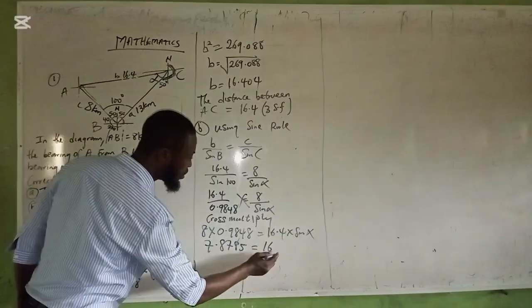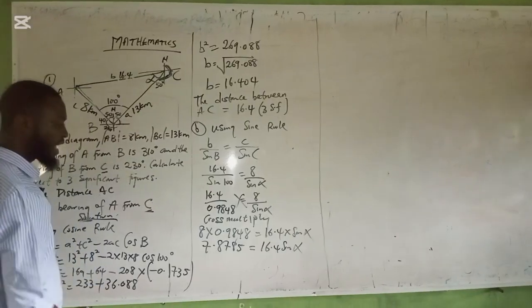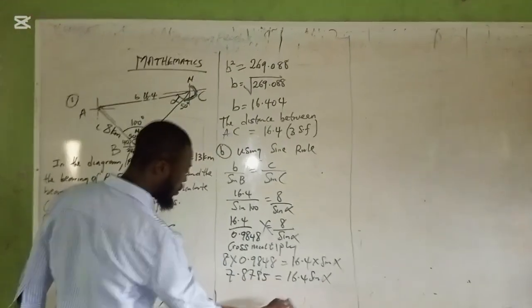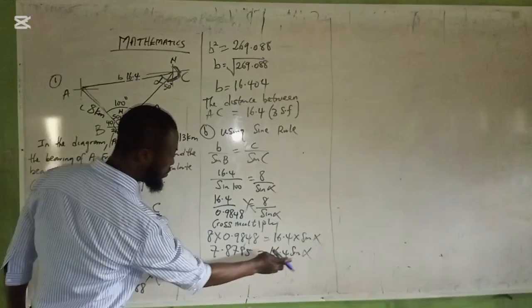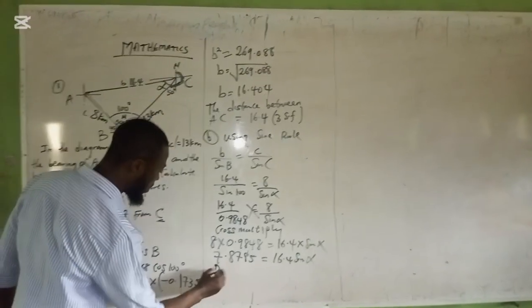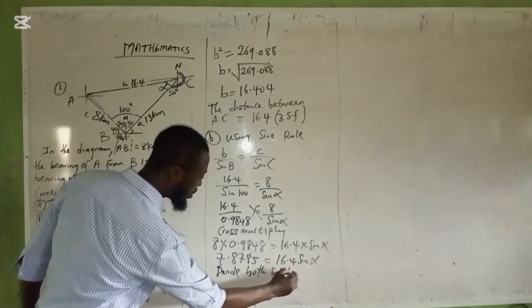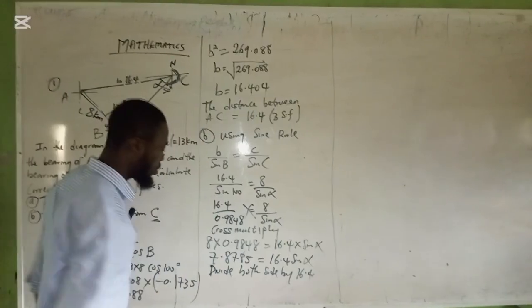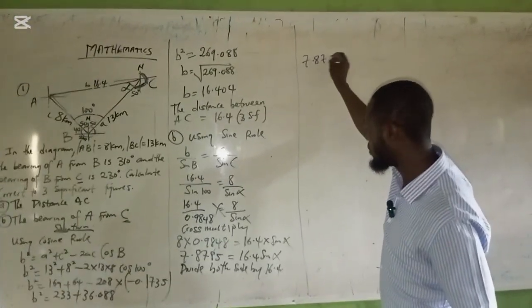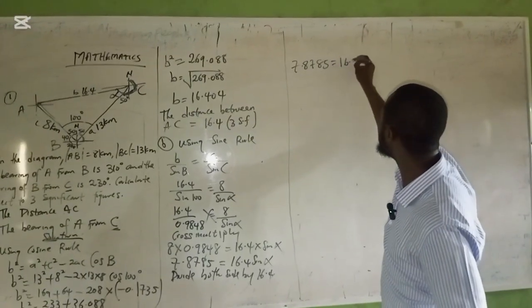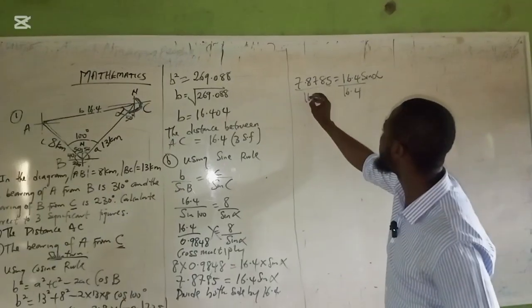16.4 sine alpha. For me to get alpha, I have to divide both sides by 16.4.